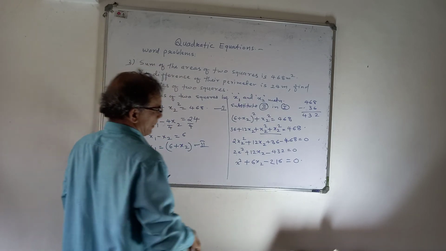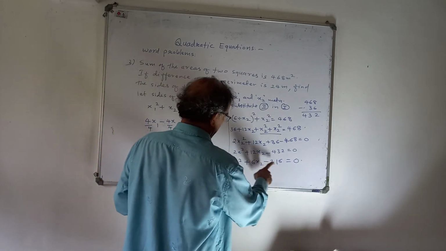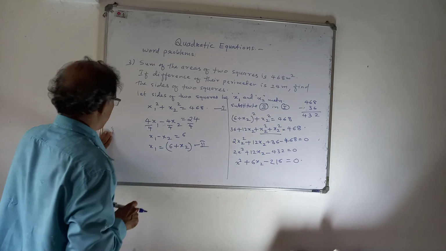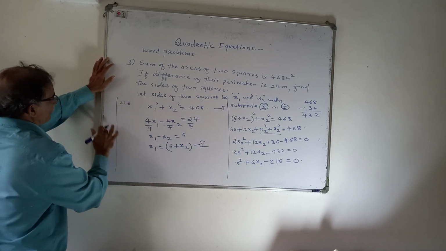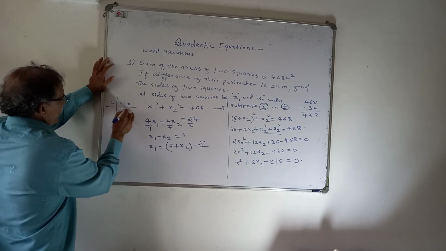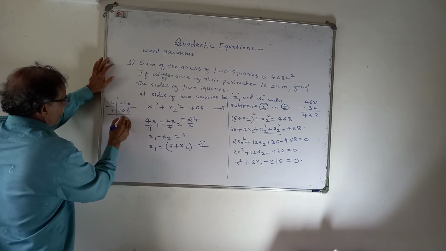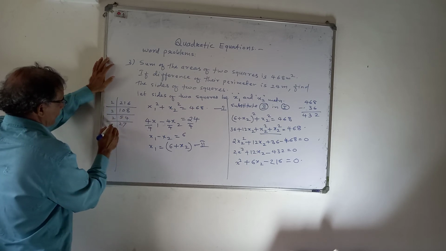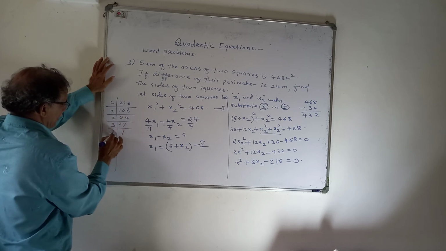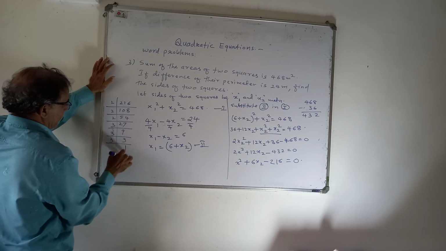Now multiplication is minus 216, addition is plus 6. So I shall write here the factors. 216, 2 108, 2 54, 2 27, 3 9, 3 3, 1.